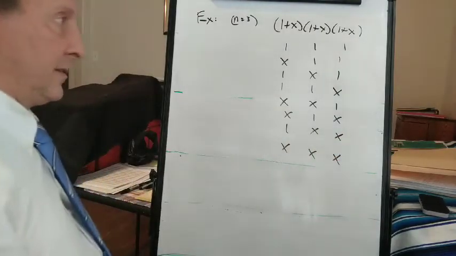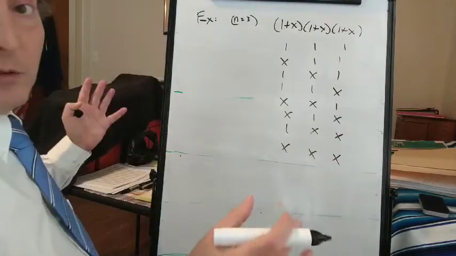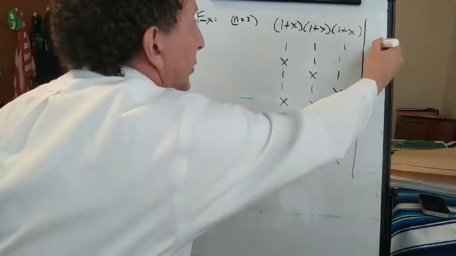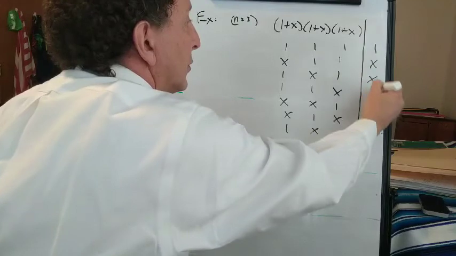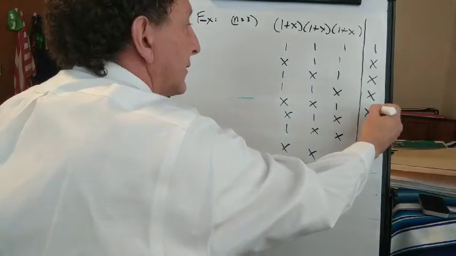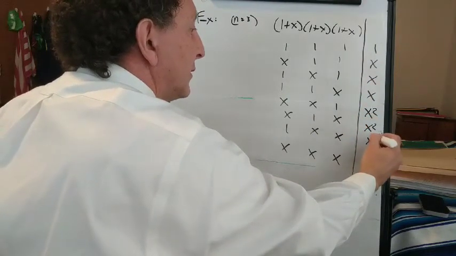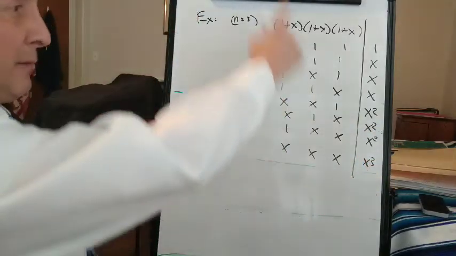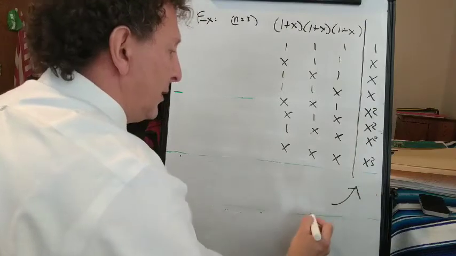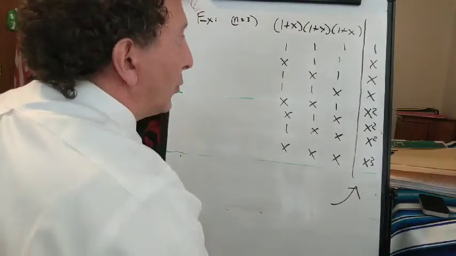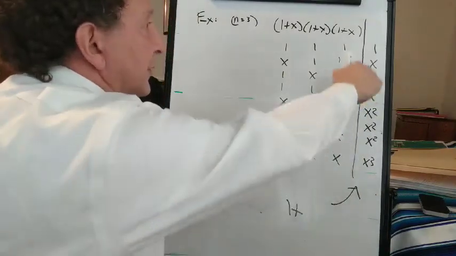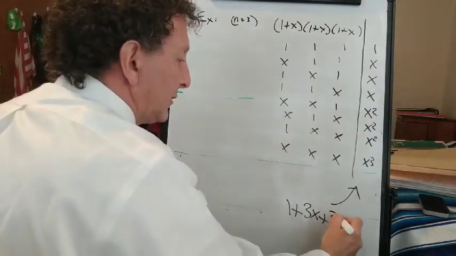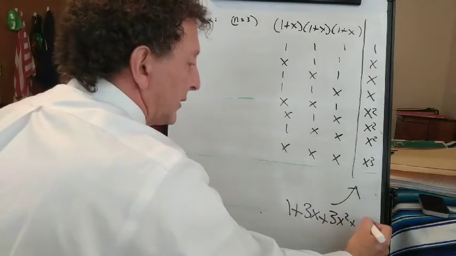Or choose 3 x's. When we make those choices and multiply them together, we get 1 or x, we get x squared if there's 2 x's, and we get x cubed. And then when we add these together, we get 1 plus 3x, and then there's 3x squared, and then there's a single x cubed.